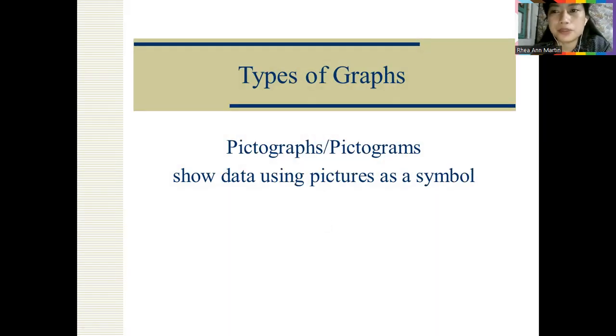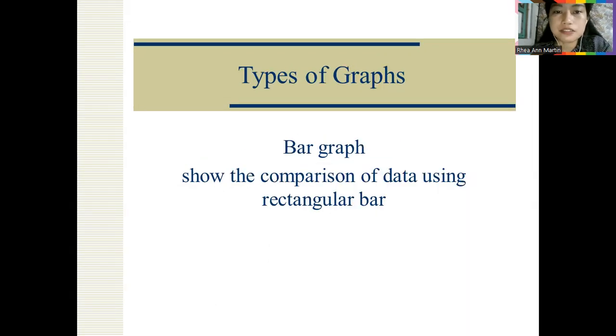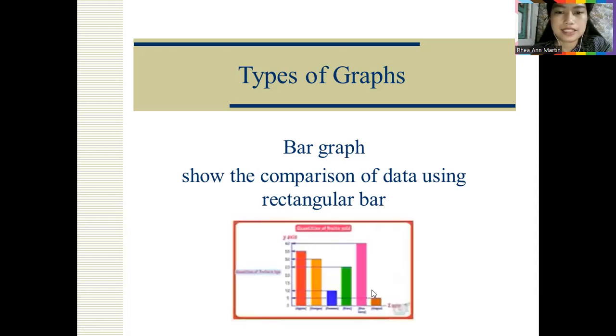Pictographs or pictograms show data using pictures as symbols, like this food pyramid, the go, glow, and grow foods. Next is the bar graph. This is also quite common. It shows the comparison of data using rectangular bars, somewhat like this.